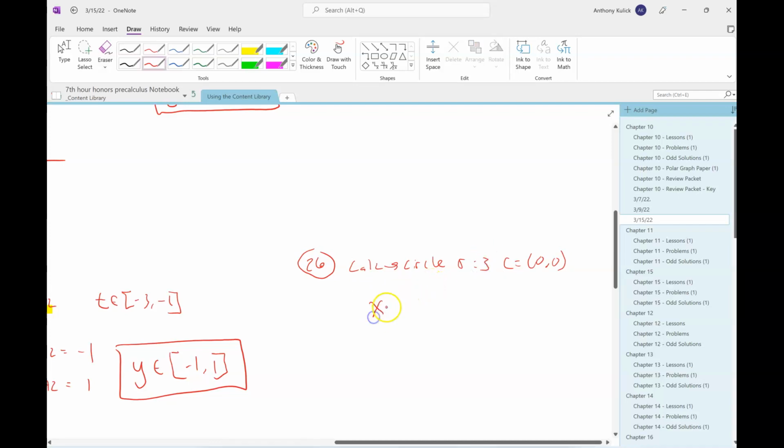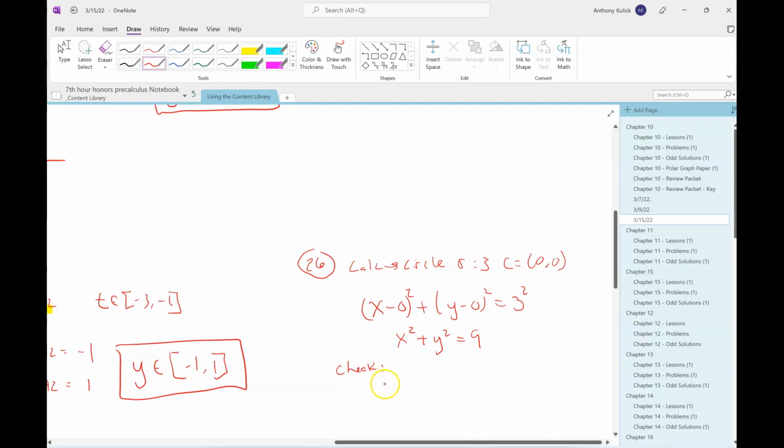So from that, we know that the equation for a circle is going to look like this. So that would be our Cartesian.